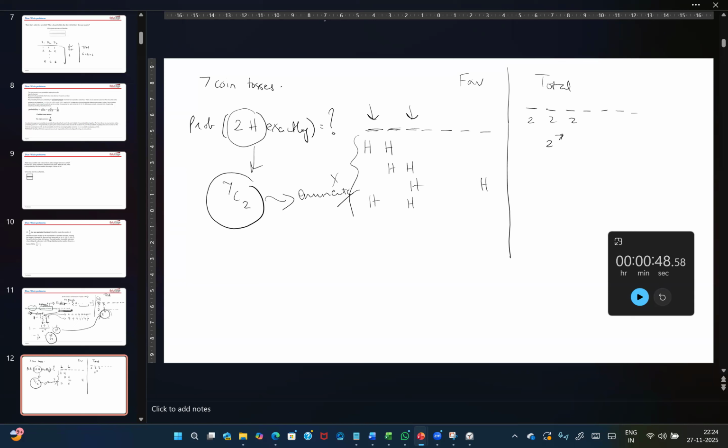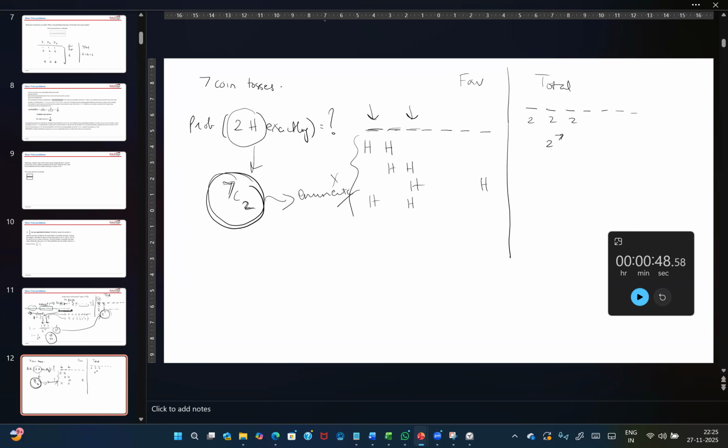And how many ways to do that? 7C2 ways. Out of 7 tosses, select 2 heads. There are 7 blanks, right? If any one of the blanks has a head, then for the other head there would be 6 spaces. So 7 into 6. Why does it get divided by 2?